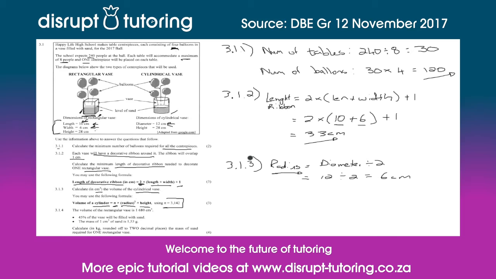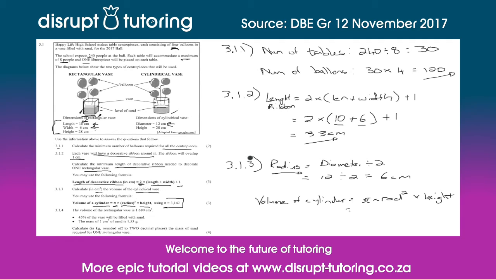So now if we want to calculate the volume of a cylinder, it's going to equal pi times your radius squared times the height.